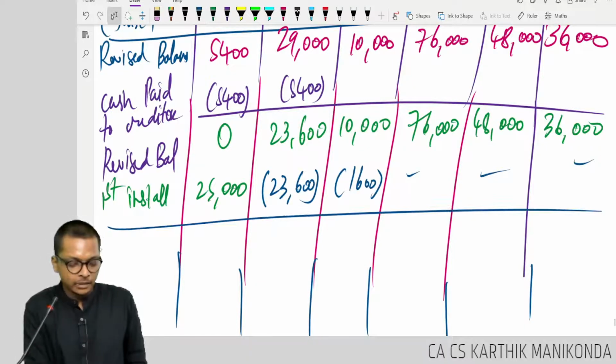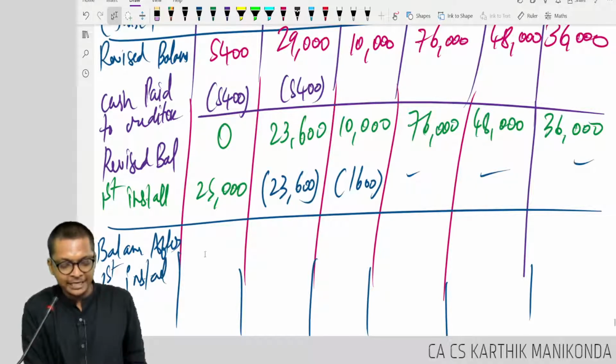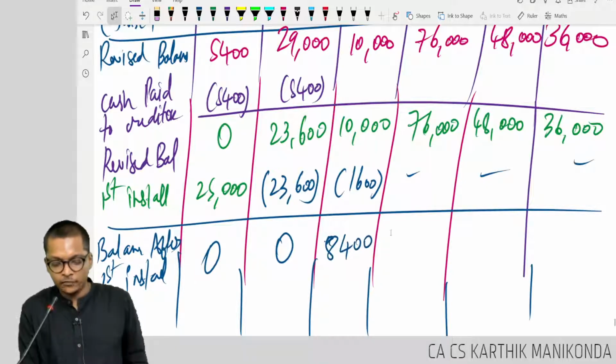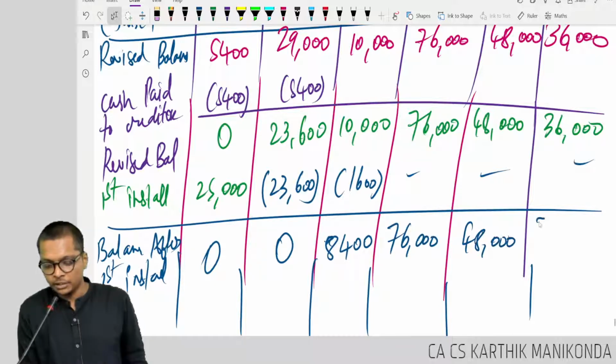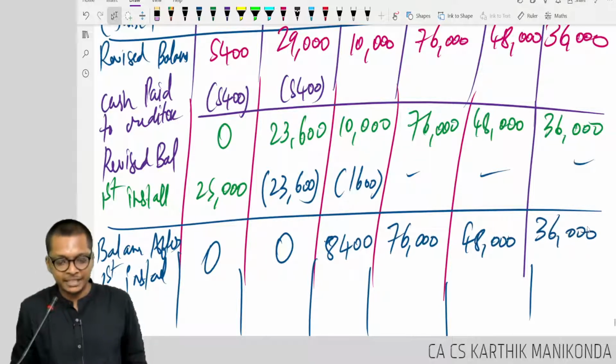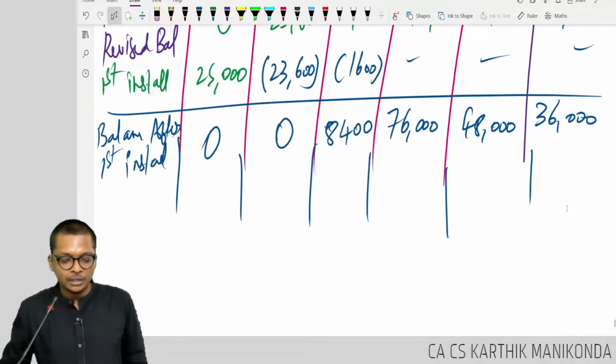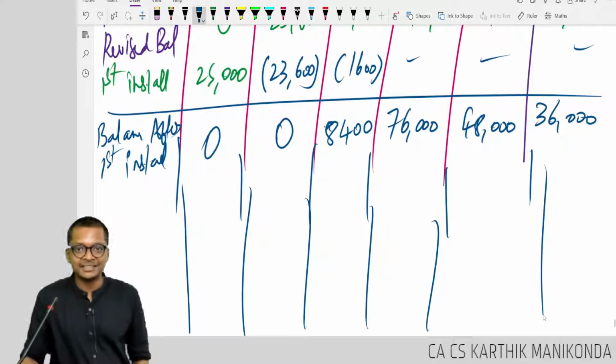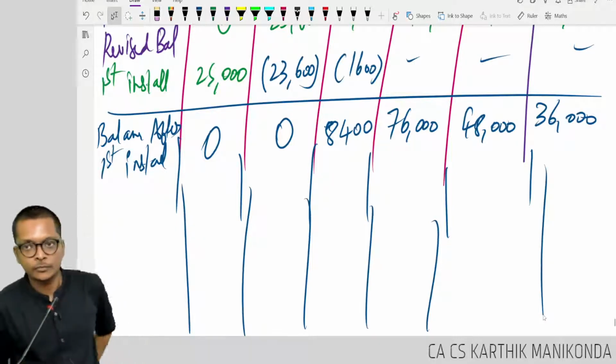So I will write balance after first installment. Cash will of course become 0 because I used the cash. Creditors become 0. Loan becomes how much, guys? 8,400, 76,000, 48,000, 36,000. I'm yet to touch capital. Till here, like I told you, relative capital method or maximum loss method, no change, same, copy paste. Okay.